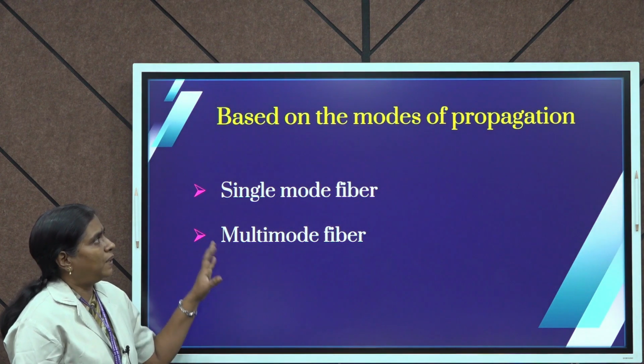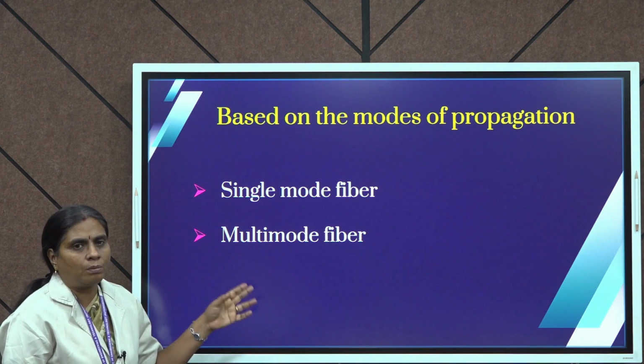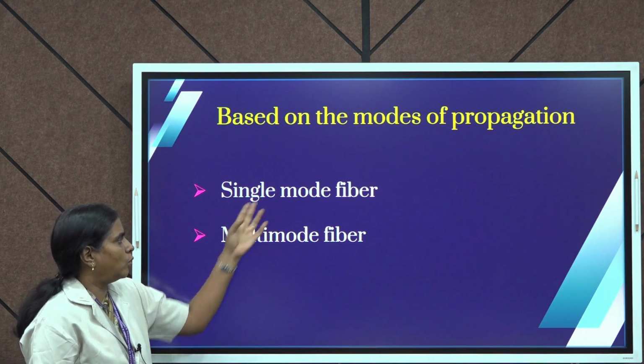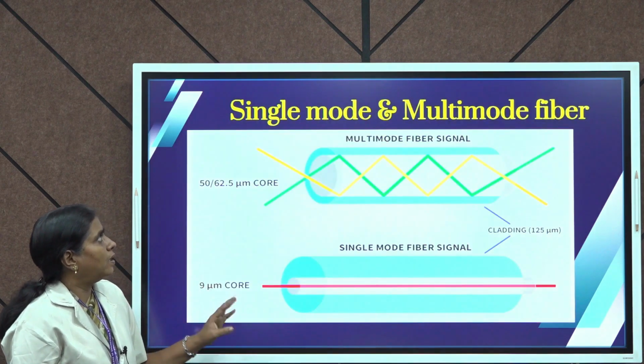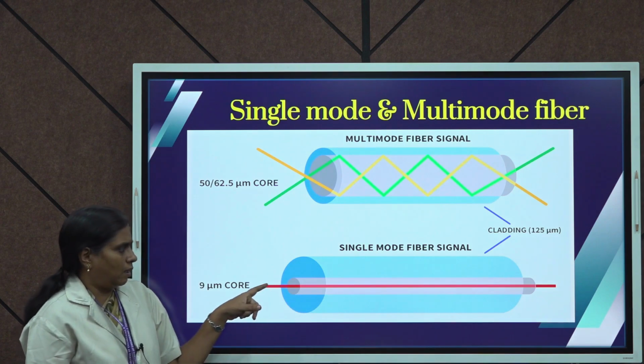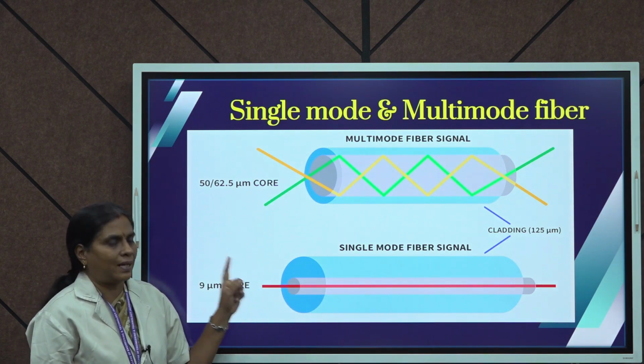So first one is based on the modes of propagation. It can be split up into single mode fiber and multi-mode fiber. The name itself indicates single mode, multi-mode. So what is the difference between single mode and multi-mode fiber? In the single mode fiber, it can transmit only one signal at a time.